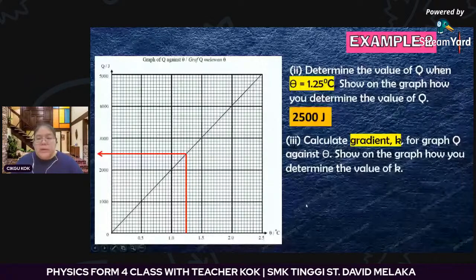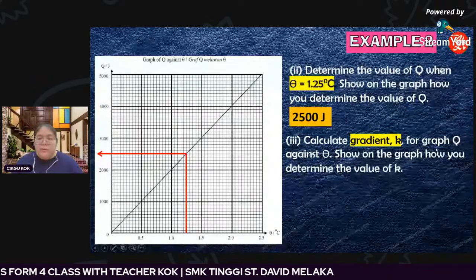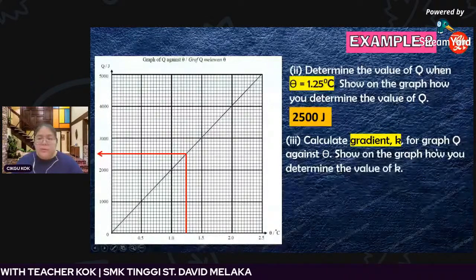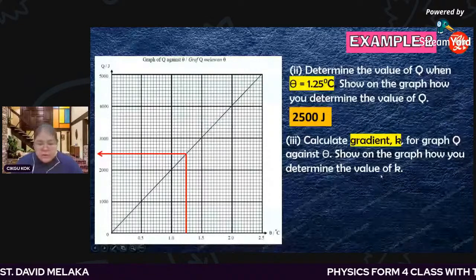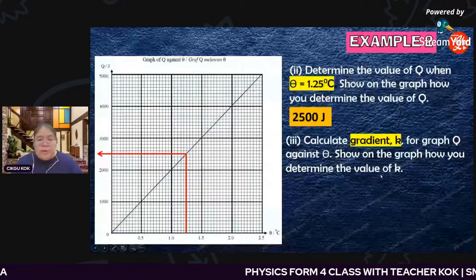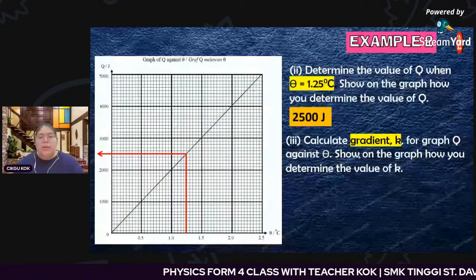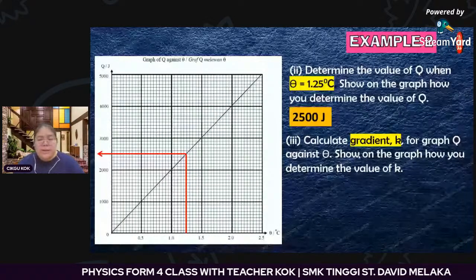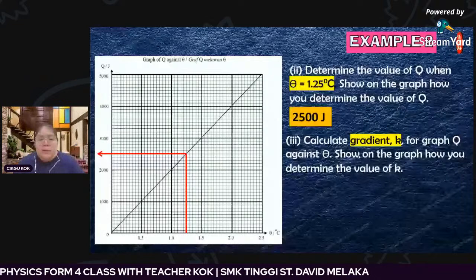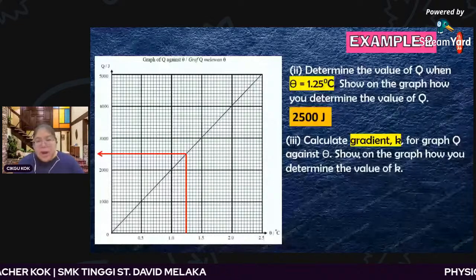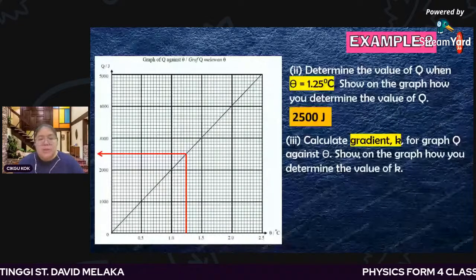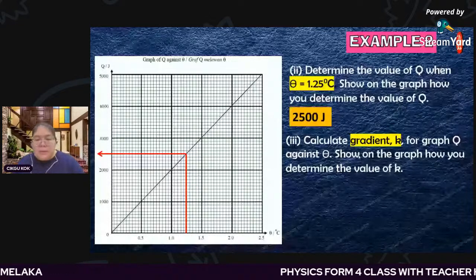Okay, calculate the gradient for the graph. Show on the graph how you determine the value of the k. Show on the graph. So that means you need to show which point you need to take. One thing to tell you, when you calculate the gradient, normally we need to take the biggest triangle, normally 4 times 4.